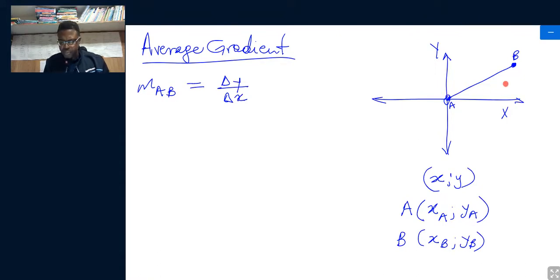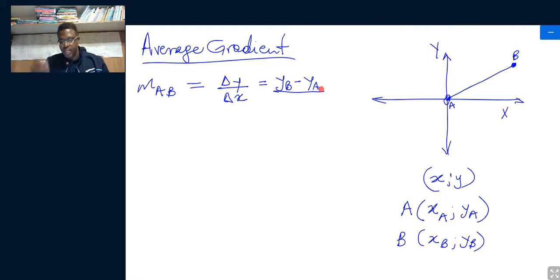For B, we've got y sub b subtract y sub a. We want to see the total height with respect to the vertical rise.